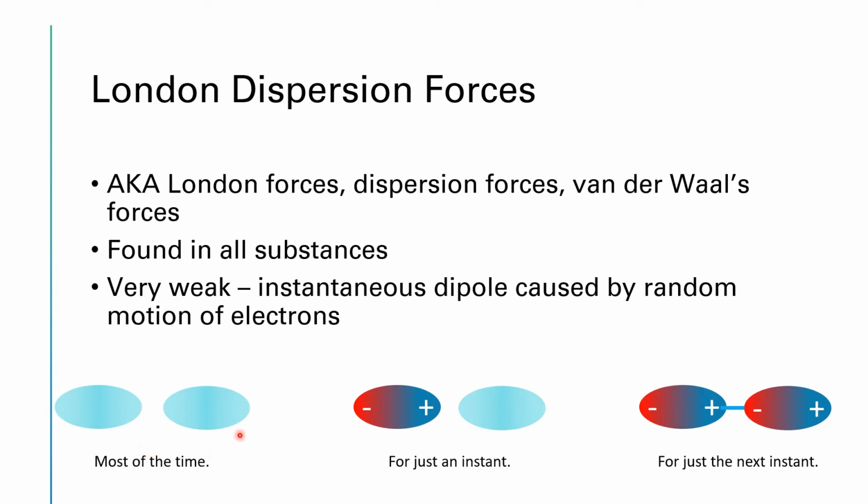So nearly all of the time the electrons are nice and uniformly distributed, but just instantaneously these dipoles form, and in the next instant they're just gone. So London dispersion forces are often referred to as instantaneous dipoles, and it really is due to just that random motion of the electrons. And so that means that these intermolecular forces are present in every substance, regardless of what the substance is.